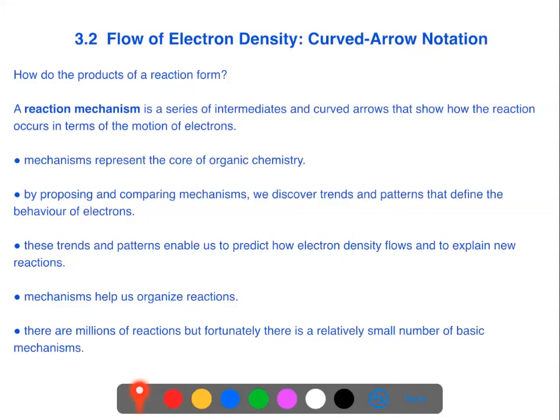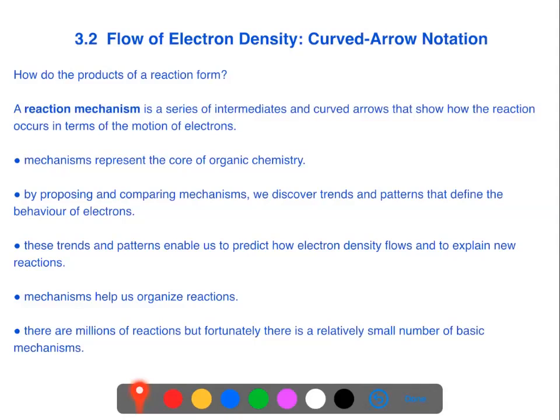So in our research labs, we're continually proposing and comparing mechanisms and trying really to discover trends and patterns that define this behavior that we observe of the electrons as they're involved in these atomic and molecular systems.